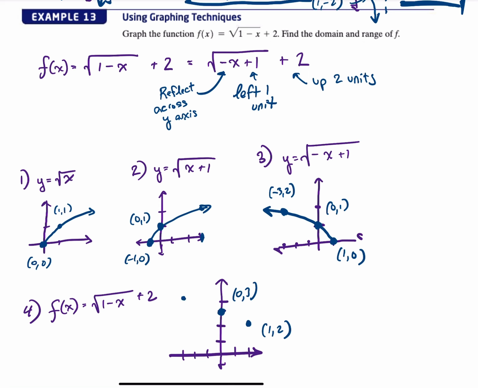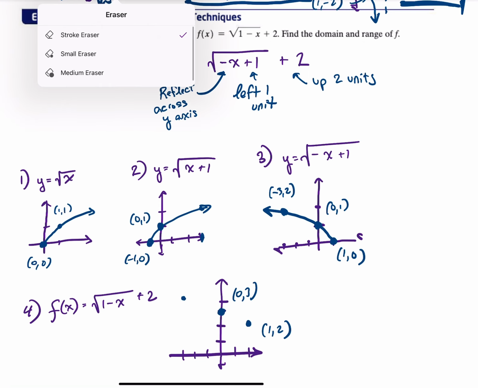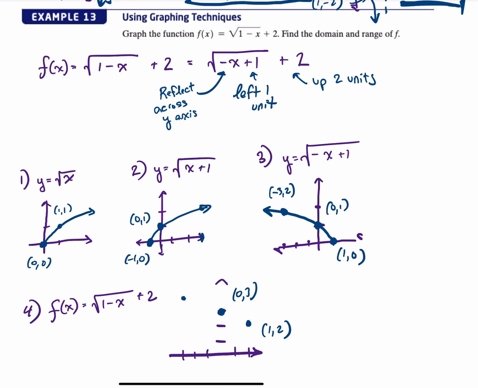My scaling is pretty off on this one. This should be probably more up here. 1, 2, 3, 4. Oh, and then this point. Yeah, that's more like 2. I should put this over here.